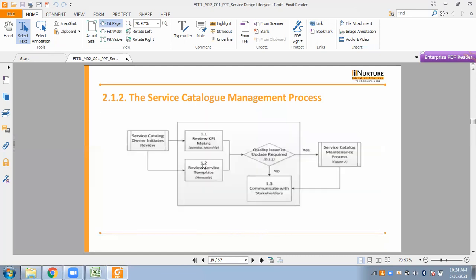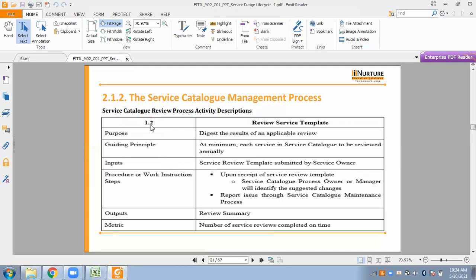Next, we go to the second process, 1.2, which is review service template, done annually. The purpose is to digest the results of an applicable review. Principle: at minimum, each service in the service catalog is to be reviewed annually. Input will be the service review template submitted by the service owner.